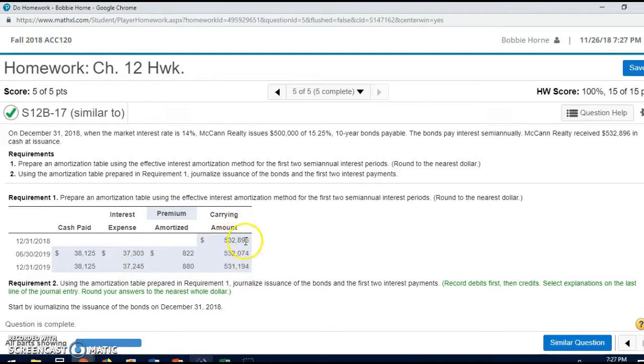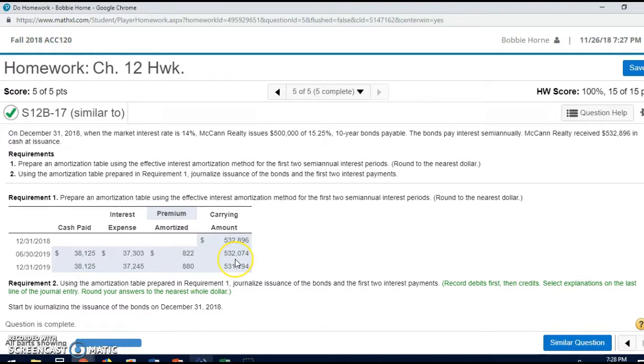You're going to take the carrying amount and times it by the market rate of 14% to get the interest expense. So the difference between these is your premium. So premium is a plug. And then you're trying to get this number down to 500,000, and eventually when we get to the end of the bond, it will be amortized where the carrying amount is down to 500,000.